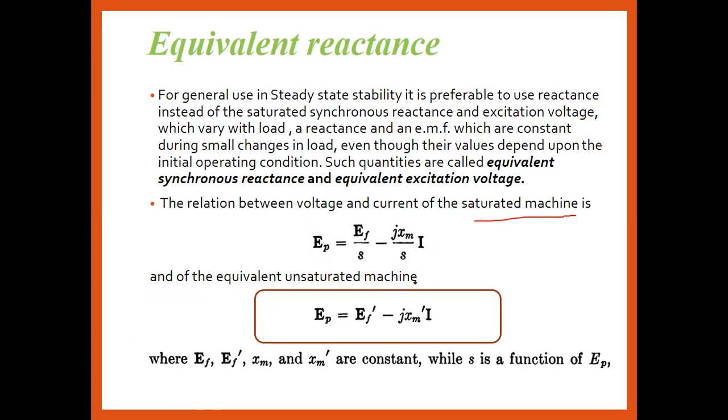The equivalent unsaturated reactance gives EP equal to EF dash minus jXM dash into I, where the S parameter is not available in the unsaturated condition but is available in the saturated condition. EF dash, XM and XM dash are constants, and S is a function of EP, the Potier excitation voltage.